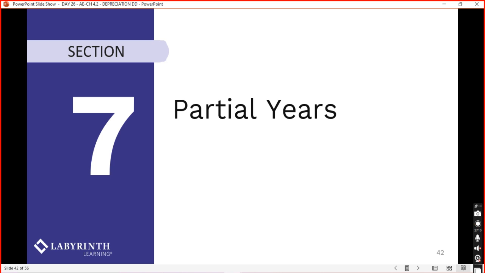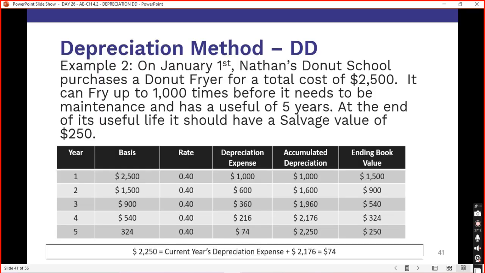Okay? Now, even better, in this case, you didn't have to work backwards. You can work a little smarter, right? You can take the difference between 324 and 250 and immediately you will know exactly how much you need to depreciate. That is the easiest and quickest way to do it. But I needed to show you how to work backwards because again, this is all it is knowing what you're plugging in and literally solving.